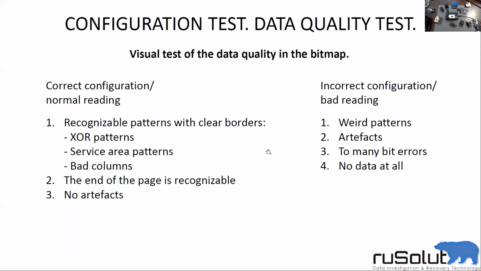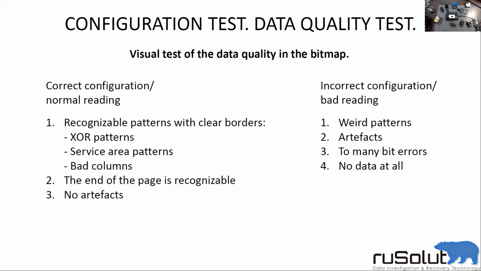After this, it's necessary to do a visual test to check if you have good data. If the reader reads normal data out of the memory chip, or there are some problems, maybe bad connections, or maybe wrong configuration, maybe some other problems, and it's necessary to do that visual test.